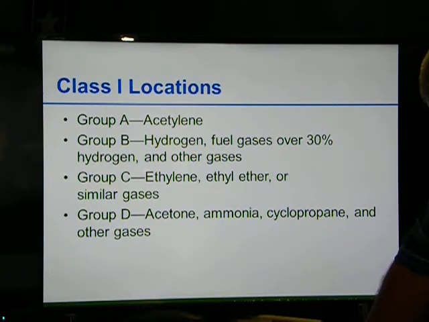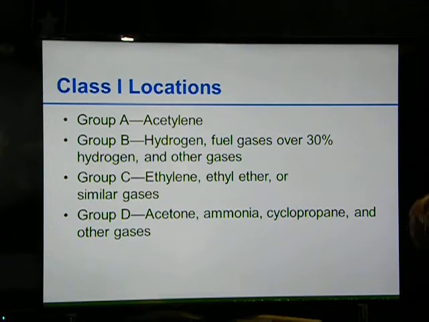If this substance is present under normal conditions, the area is classified as Class 1, Division 1. If the gas and vapors are only present in unusual circumstances, the area is identified as Class 1, Division 2. Class 1 locations are further identified by groups, depending on the type of gas present.